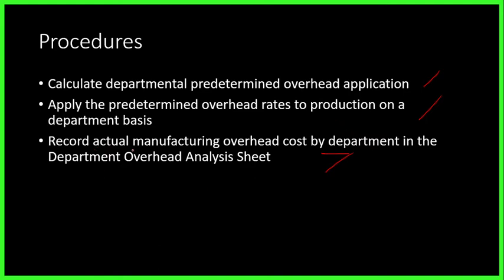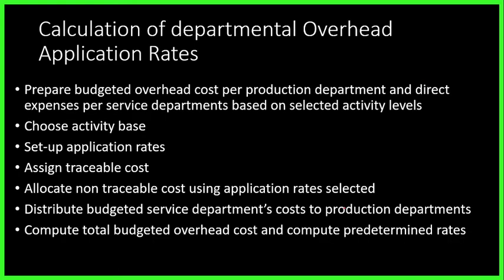Normally, your actual overhead can only be determined at the end of the period. O, di ba? So you don't have to wait until the end of the period to record your overhead, which means you can already estimate the unit cost, the price, and make necessary decisions pertaining to your products or to your production.